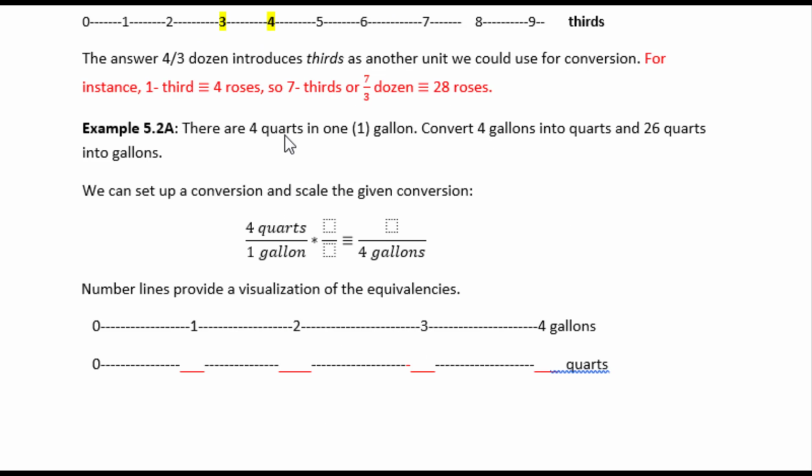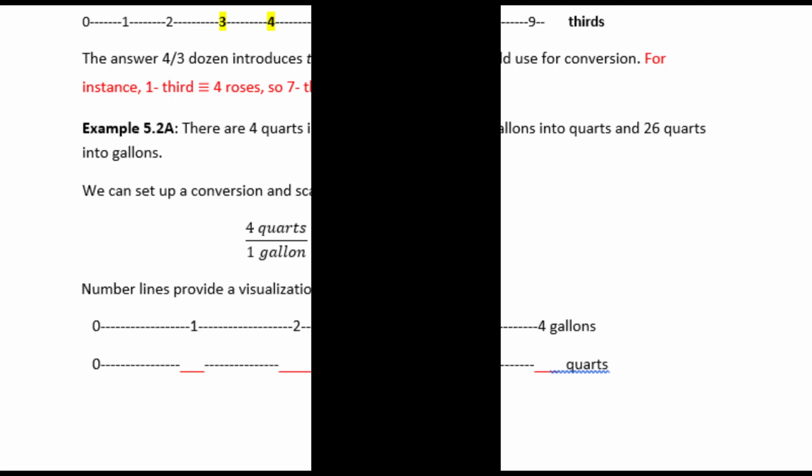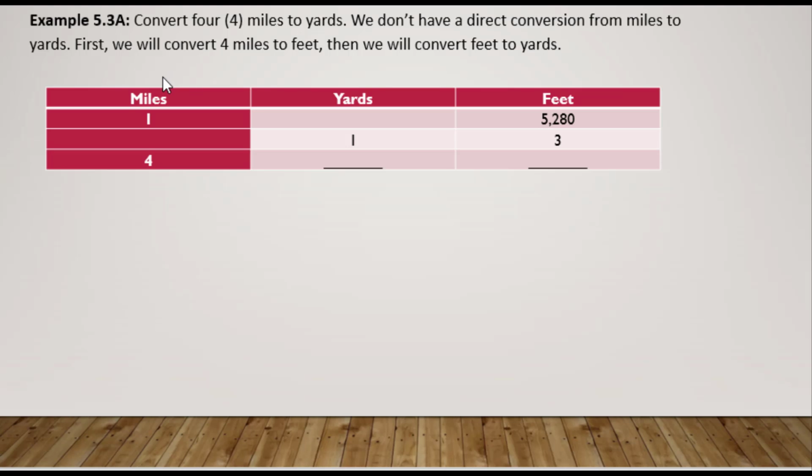All right, now we're going to go to our first example that you're responsible for. Here's example 5.3a, and we're going to convert 4 miles into yards. Actually, we're going to fill out this table.